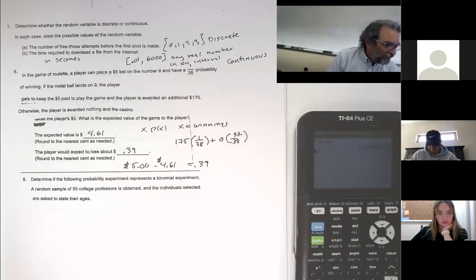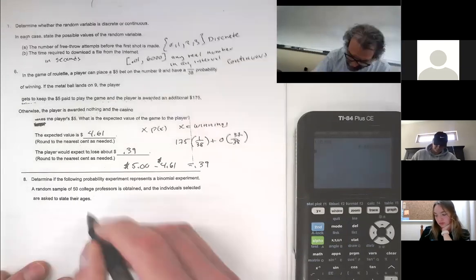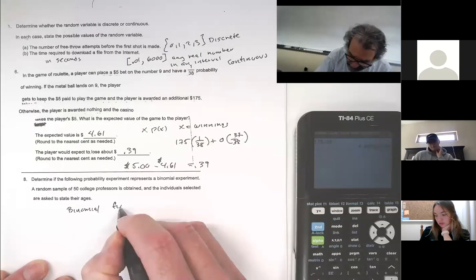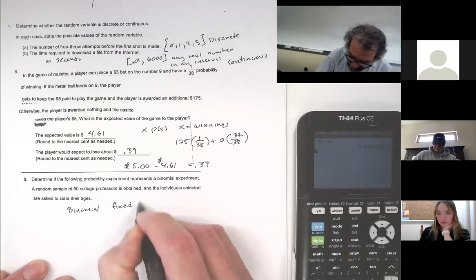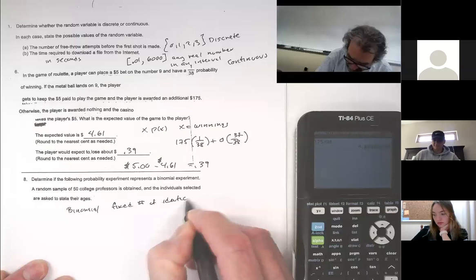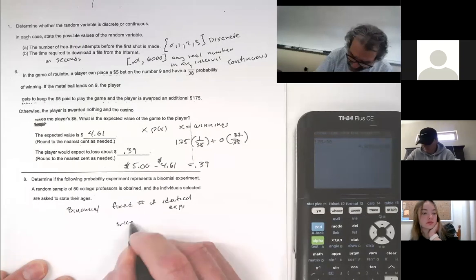Number 6, determine if the following probability experiment represents a binomial. So binomial says a fixed number of identical experiments, you need that, and they have to result in success or failure.